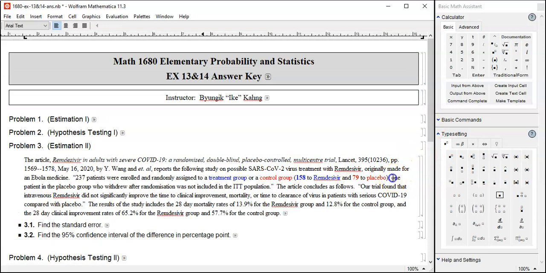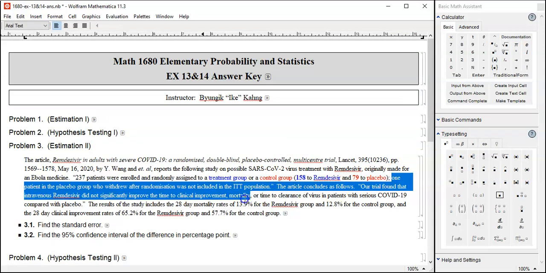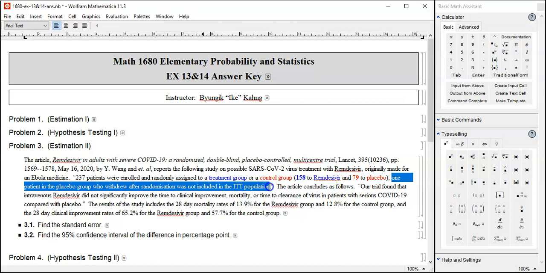One patient in the placebo group who withdrew after randomization was not included in the ITT population. So this 237 does not include this one person. All you have to do is 158 and 79. This sentence over here, I just copied it because it was part of the analysis in this medical paper.